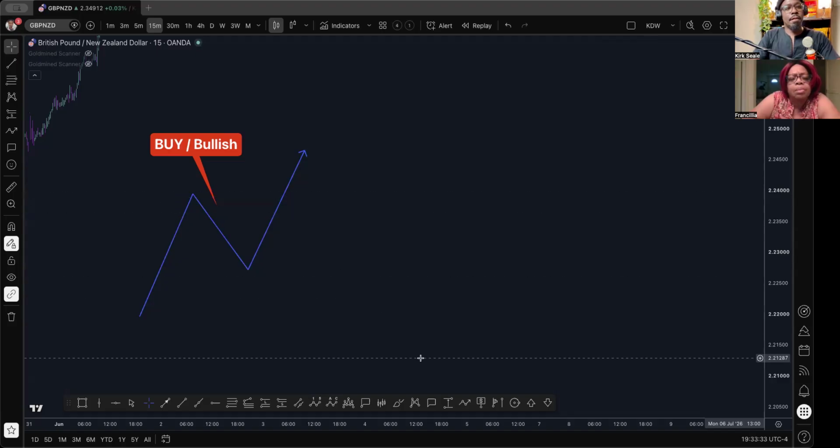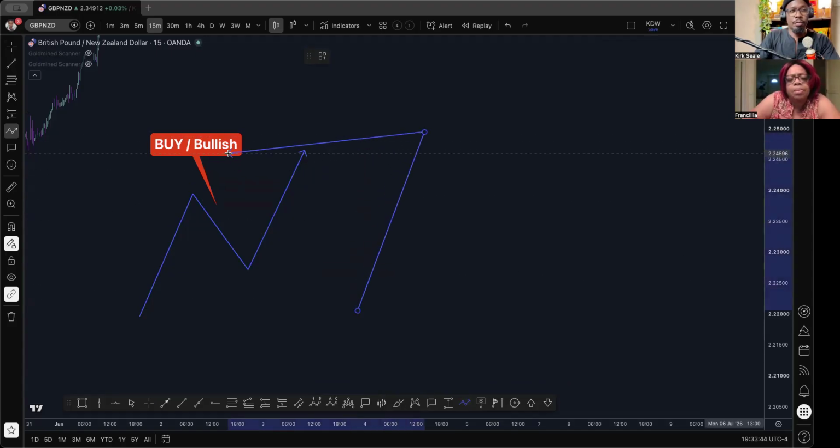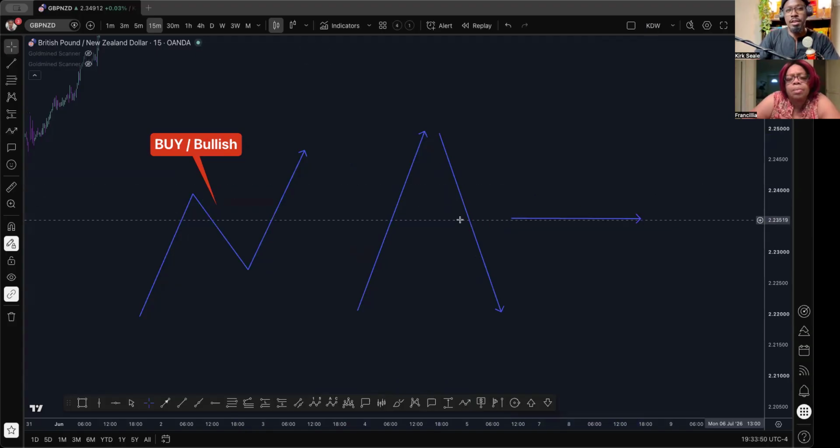Now, to segue into this, I've got to tell you about how the market moves. Market moves in three ways, right? It's either going to go up, which is bullish. It's going to come down, which is bearish, and then it moves sideways. It doesn't move in a straight line, but when it says sideways, it's just not giving us any new highs or new lows.